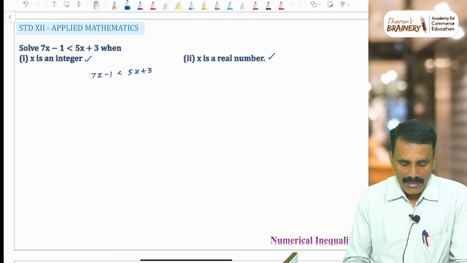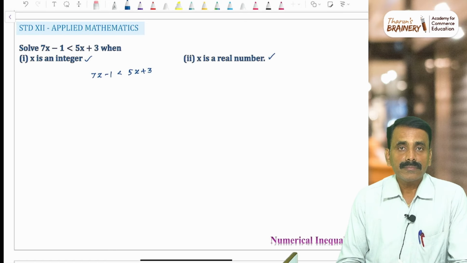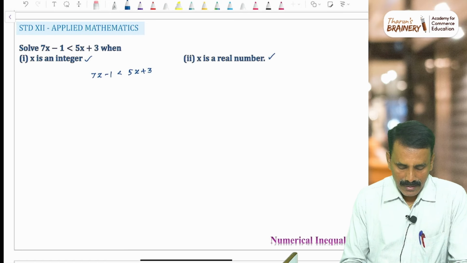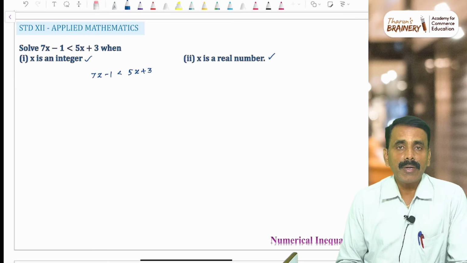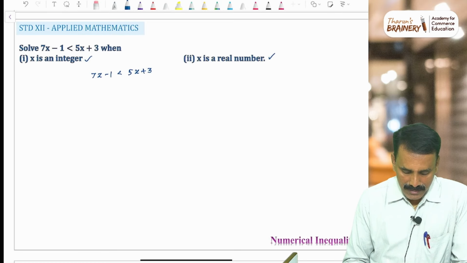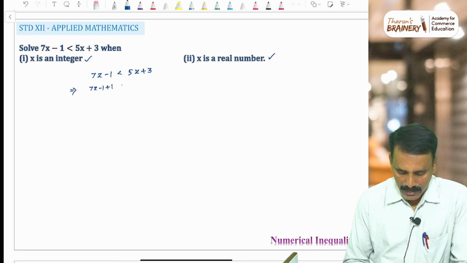Now I want to have only 7x on the left side. So first I will remove this minus 1. How to remove minus 1? I must add the additive inverse of minus 1 on both sides. So 7x minus 1 plus 1 less than 5x plus 3 plus 1.